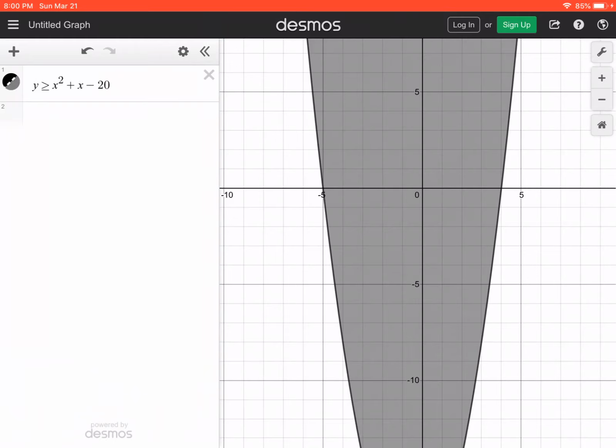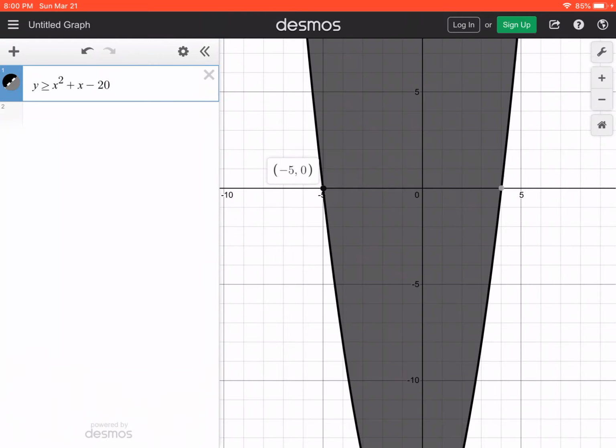So on the x-axis, it's true from -5 all the way to +4. So if I pick a number on the x-axis like 1 or 0 or -3 or -3.25, it's still true. So what we have is a range of answers that go from -5 to +4.